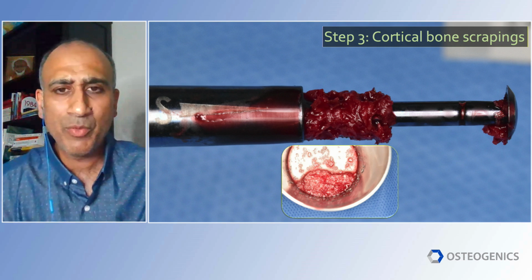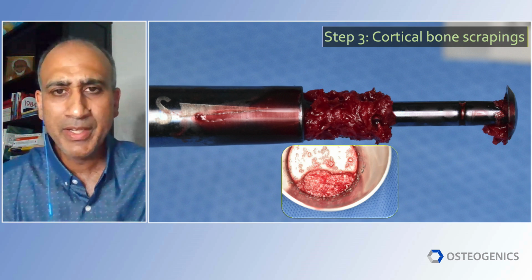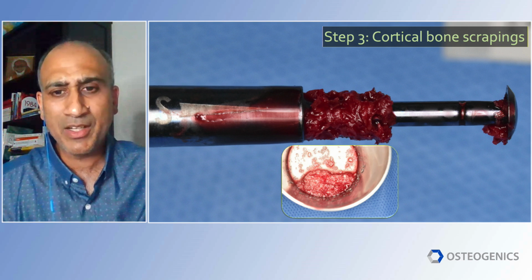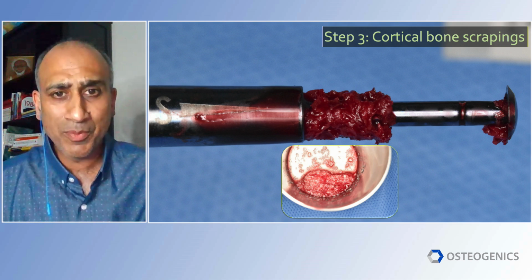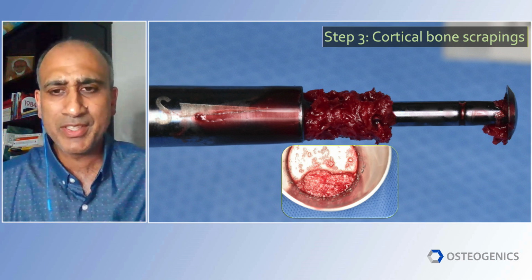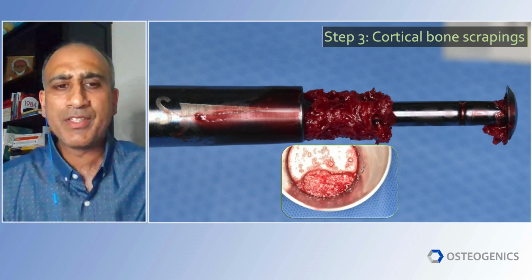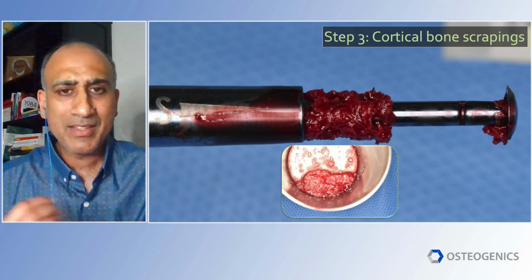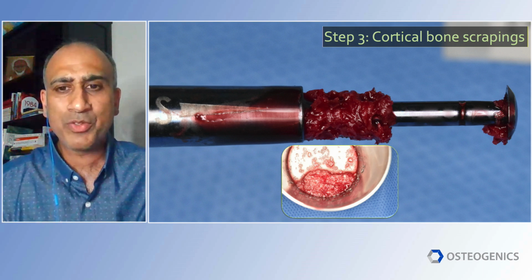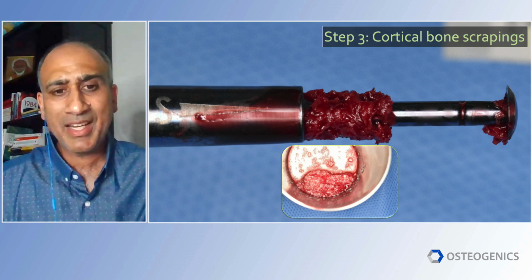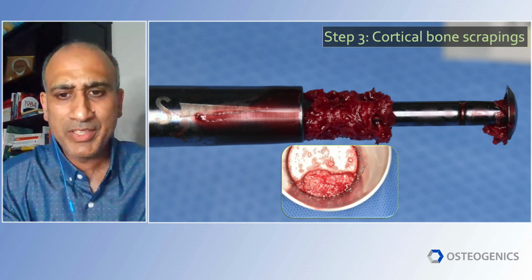Because again, one of the things that we want in our roadmap for regeneration is a source of osteogenic cells. And what are those? Those are osteoblasts. They're direct bone producing cells. So I scrape the cortical surface of the area that I'm going to graft. At the same time, I achieve decortication, but I also get these nice bone shavings that I can then mix in with my particulate allograft.